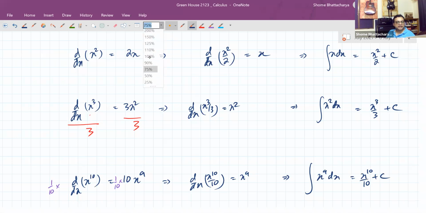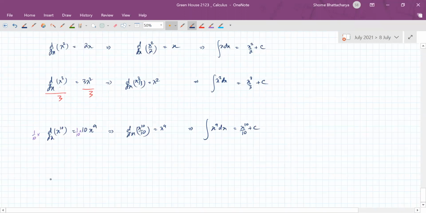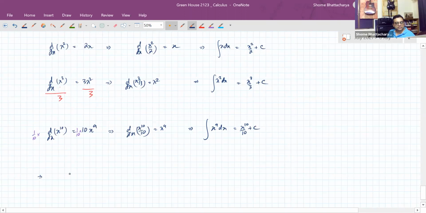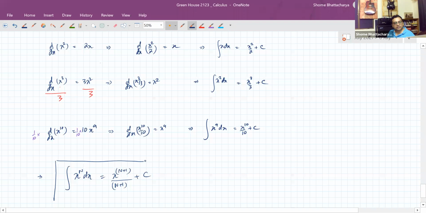So noticing this pattern now, though I've taken the pattern only for whole numbers, we can see that we get this kind of a general formula, that integration of x to the power n is given by the formula x to the power n plus 1 upon n plus 1 plus c. So this becomes the general formula.